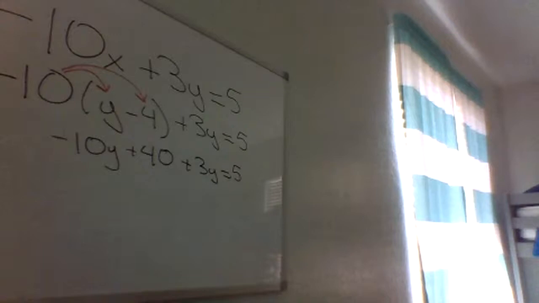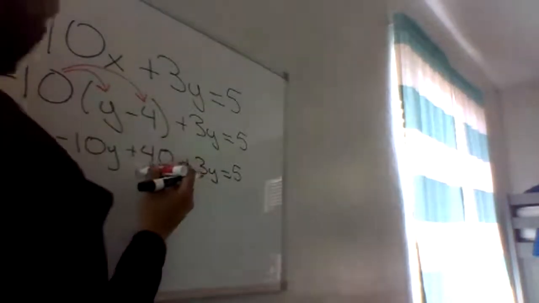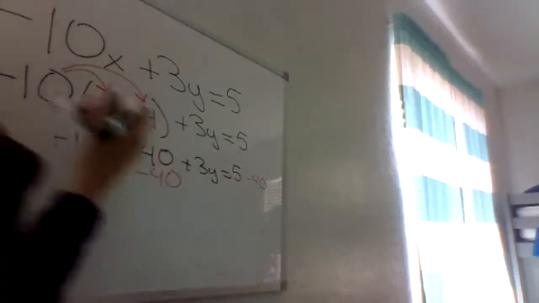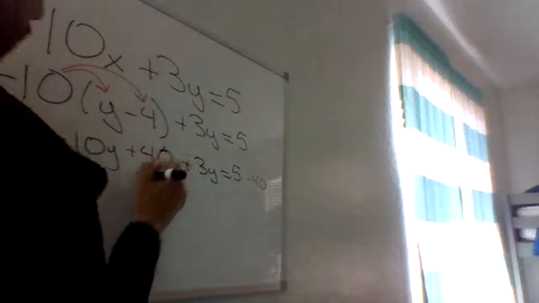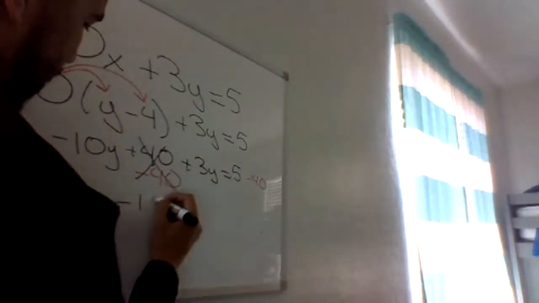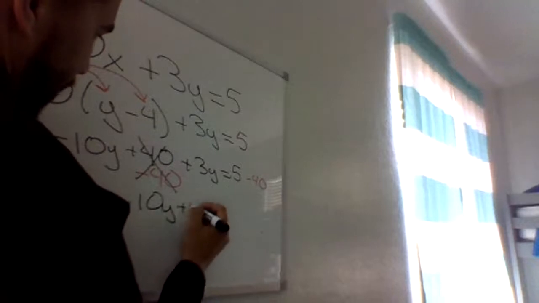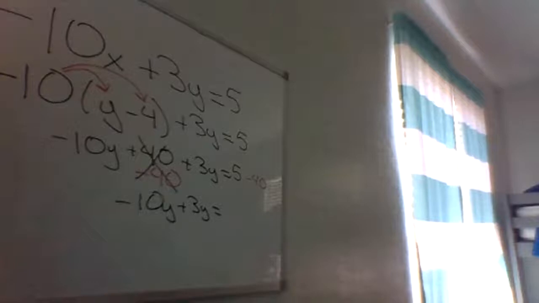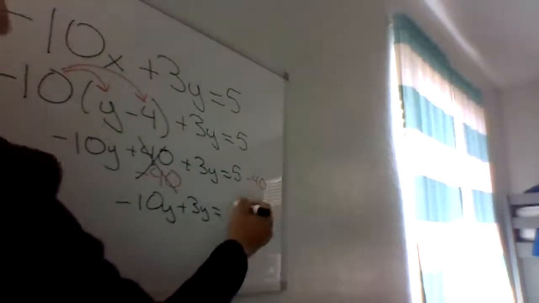So now we got to subtract 40 from 40 and 5 minus 40. So now we're left with negative 10y plus 3y equals, and what's 5 minus 40? Negative 35.